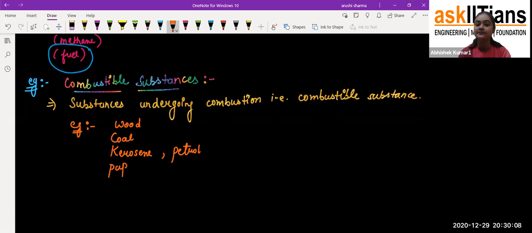Paper is there, candle is there. Whenever we use a candle, it starts glowing and we get light from it. Nowadays we have inverters and generators for whenever there is a power cut.